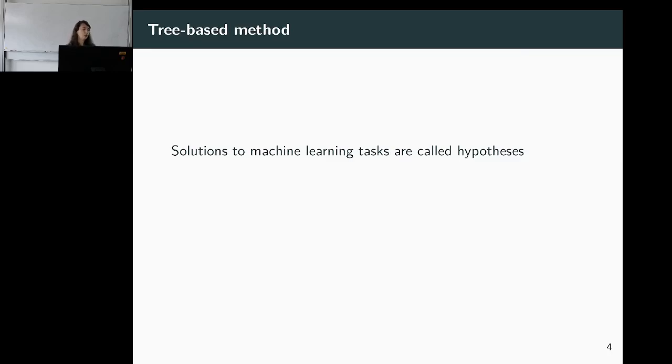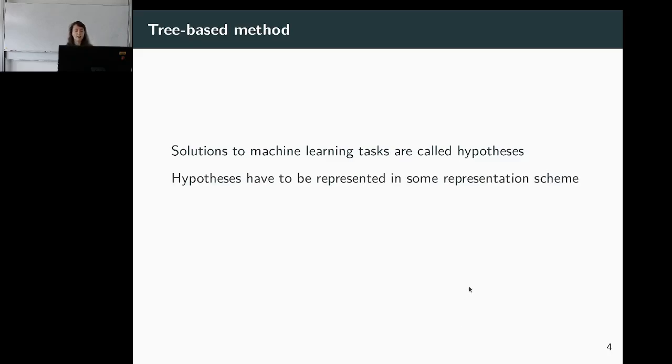let's review that solutions to machine learning tasks are called hypotheses. Usually we talk about a classifier or regressor, but obviously we have some other tasks. So in general, we can talk either about a predictor or an estimator or a hypothesis. This basically means the same. It's the solution to some machine learning task, the model which we have in the end.